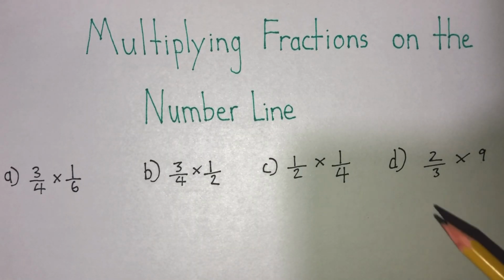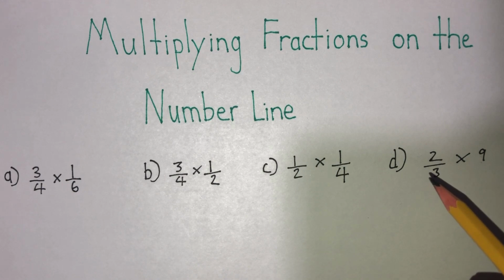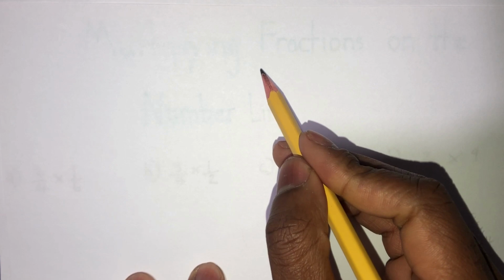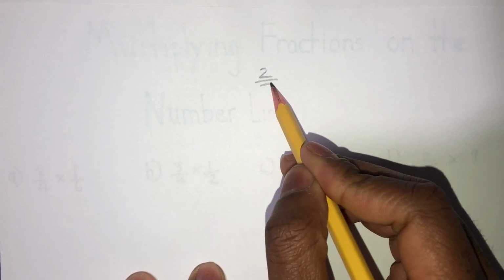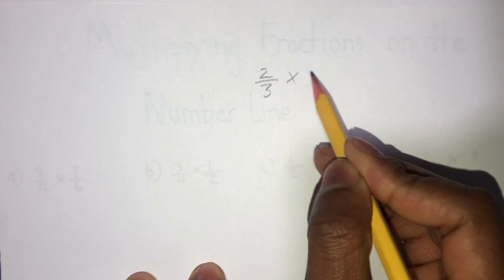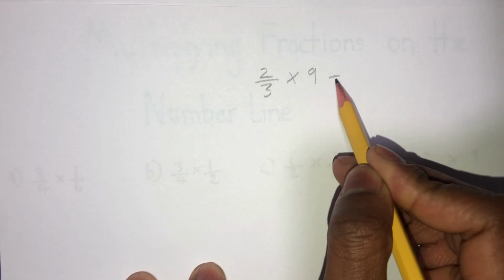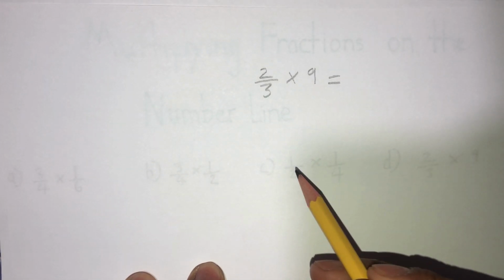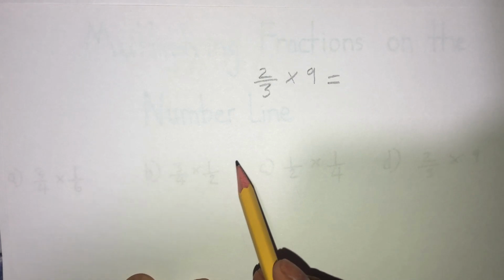Now, let's look at our final problem. 2/3 times 9, or 2/3 of the distance to 9. 2/3 of 9 equals, first let's sketch our number line.